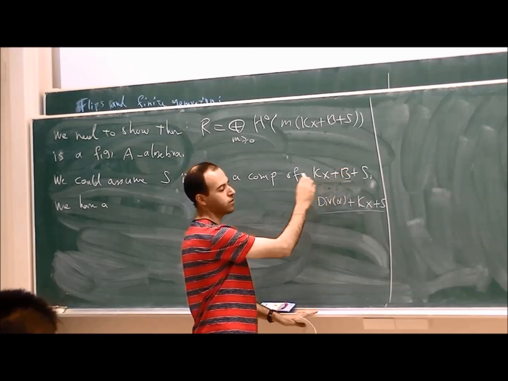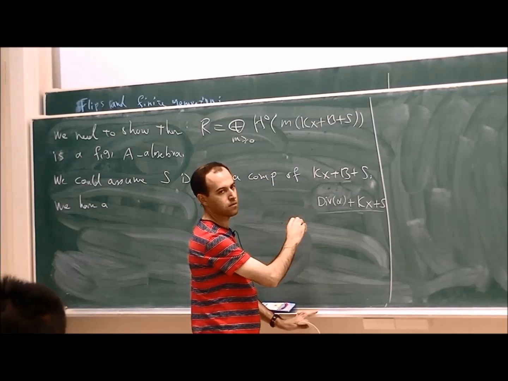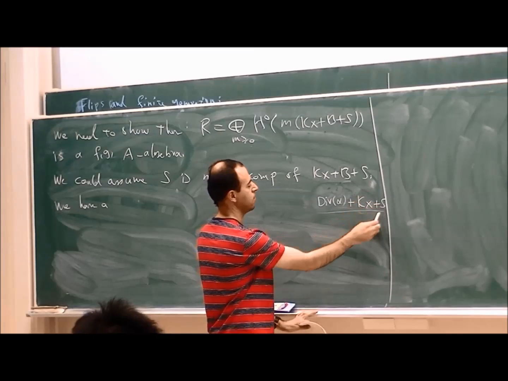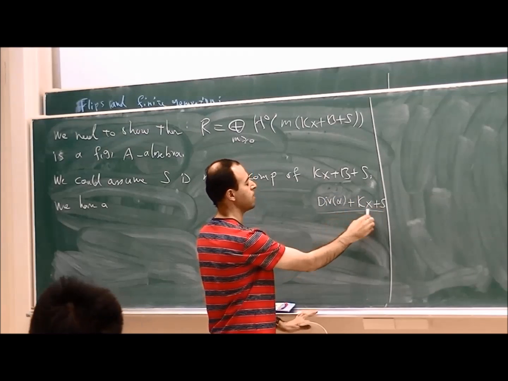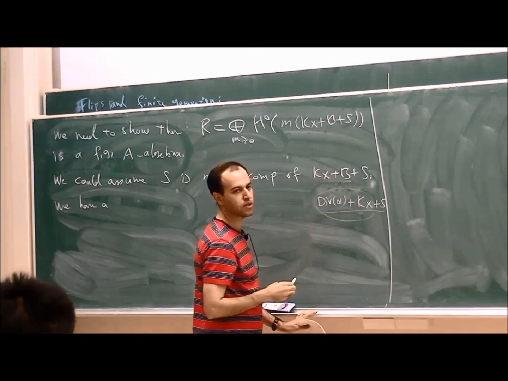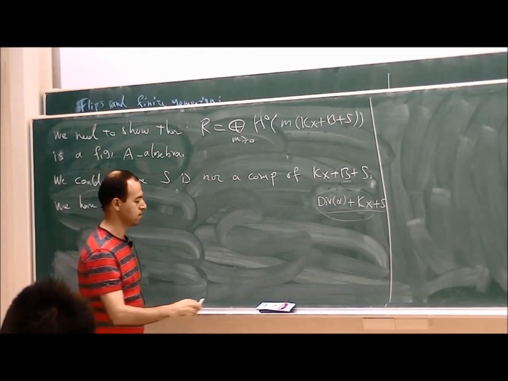So you can find some rational function so that the divisor of the function class will not contain S. But this is still just a canonical divisor.